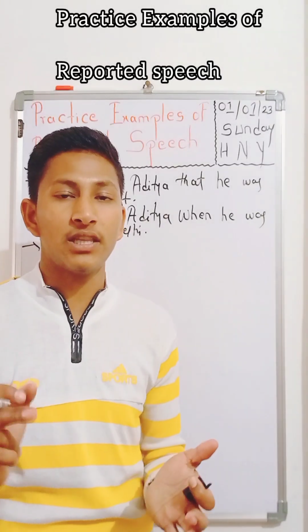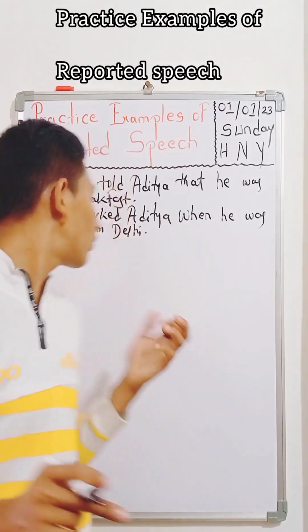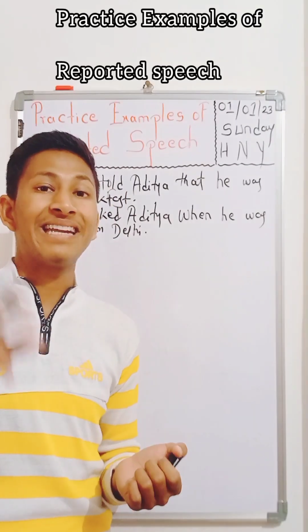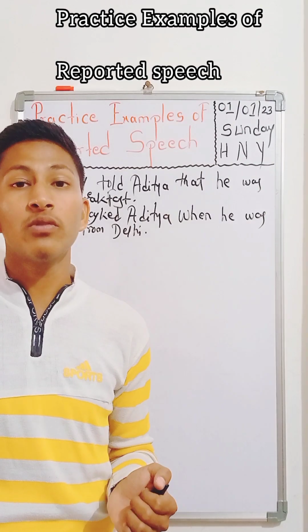Vinay says to Aditya, Vinay says to, then the rule differs. We should not use asked here. Instead we have to use tells. Says to is there, so we have to transform that into tells.